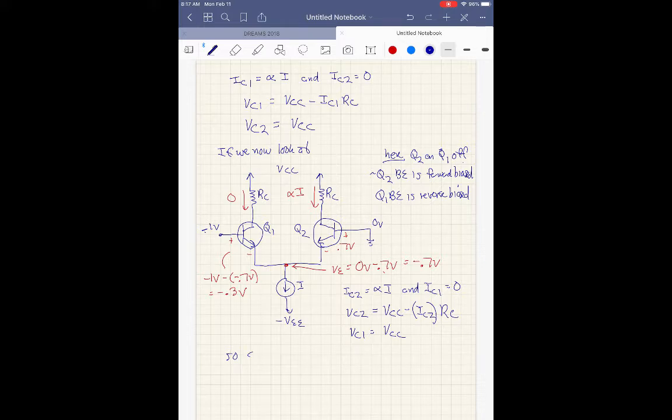Okay. Easily steered from one transistor to the other. And this works really nice for different kinds of circuits.